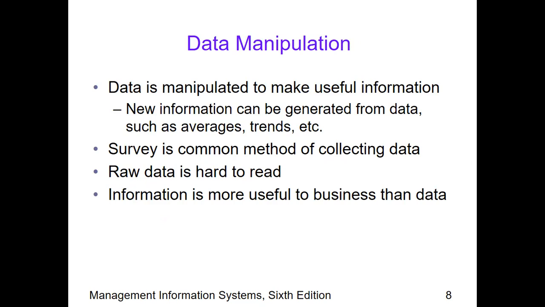From the data, we can create new information such as averages, trends, etc. The common method of collecting data is through surveys, and with proper refining of the survey material, we are able to collect the data as it is. Raw data is hard to read, that's why we have to convert it into a meaningful and useful form, which is information. That would be useful to business: the information versus data.